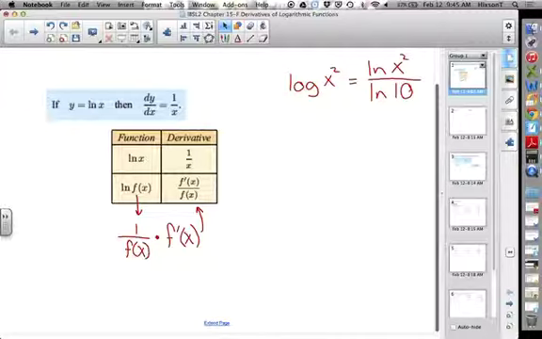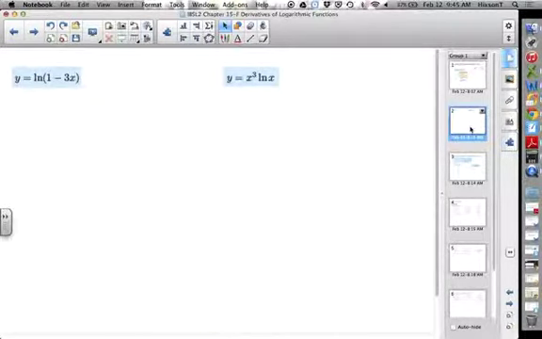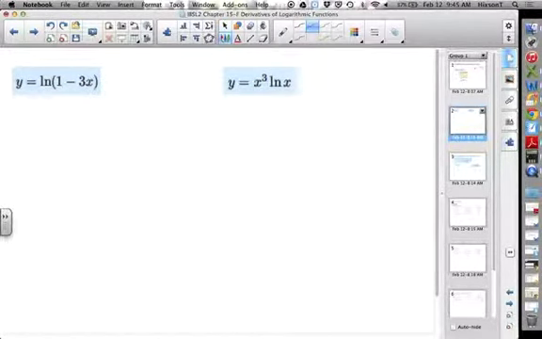All right. So let's see a little bit of this in action here. Let's start with y equals the natural log of 1 minus 3x. Okay, the natural log of 1 minus 3x. Here we're going to have to use our chain rule.